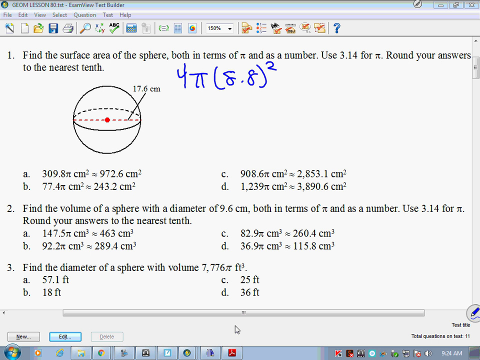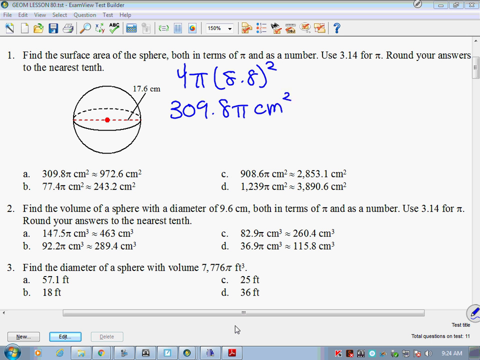Can you tell me what that would come out to? 8.8 times 8.8 times 4. 309.76. All right, let's take it to the nearest tenth. So 309.8 pi centimeters squared. So that's in terms of pi, right?